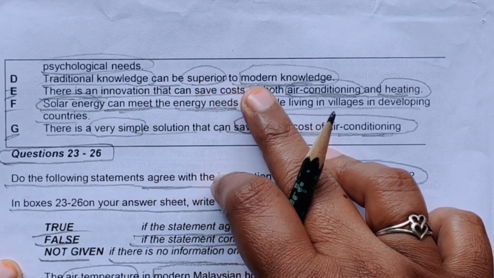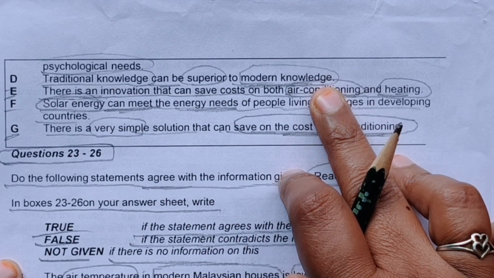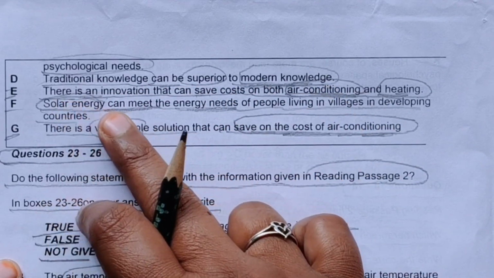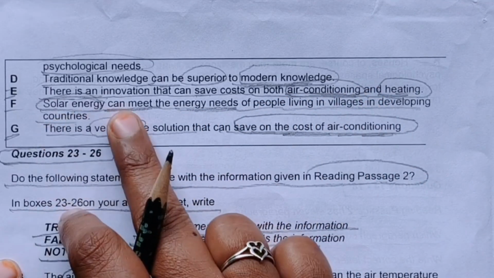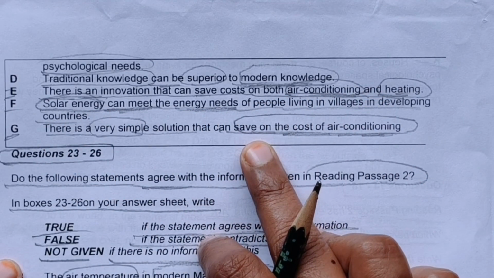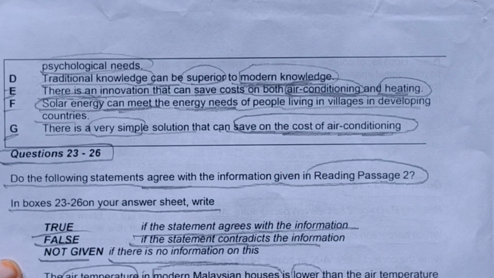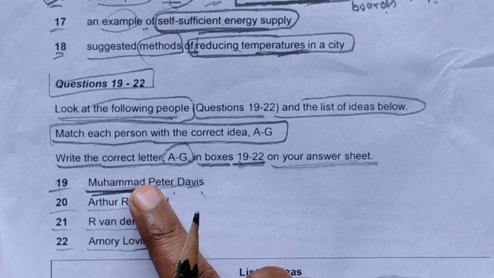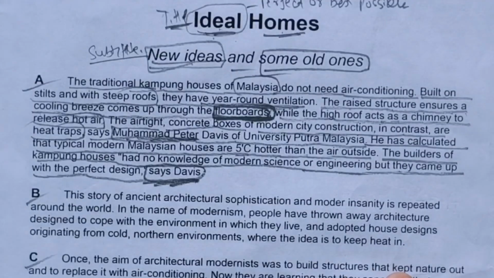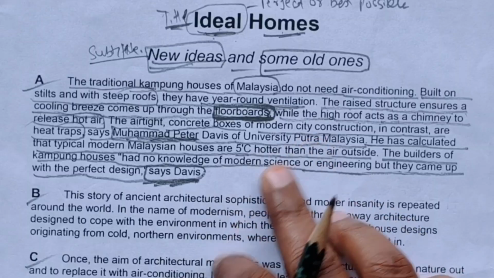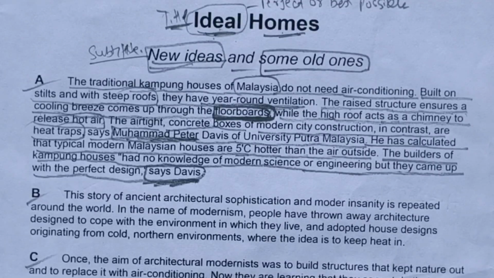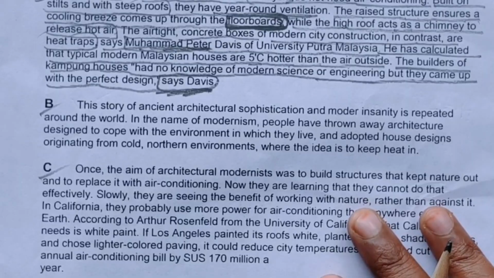Traditional knowledge can be superior to modern knowledge. This also we have not seen in this paragraph. Solar energy we have not seen. We have just seen this Muhammad Peter Davies, but in this paragraph he is not mentioning anything regarding the list of ideas. So we will move forward towards our B paragraph.